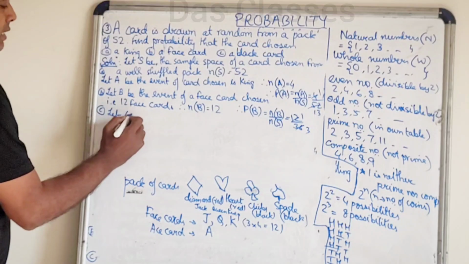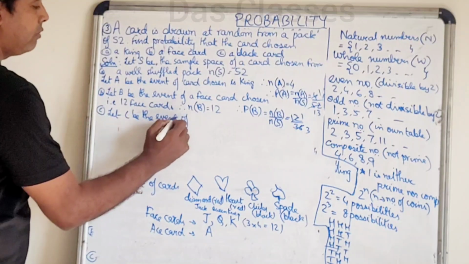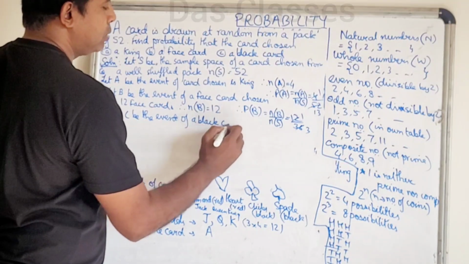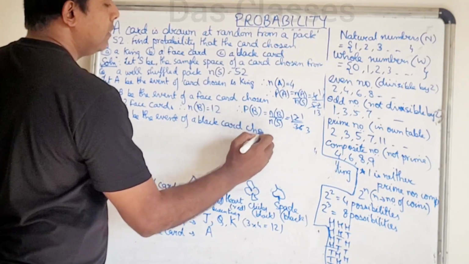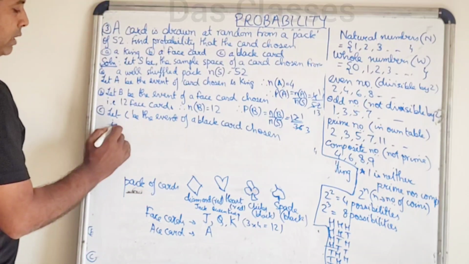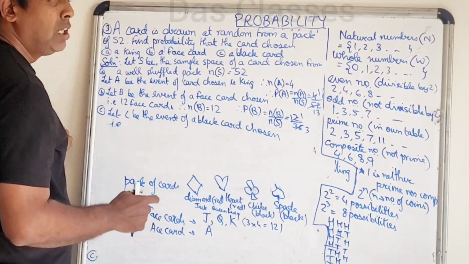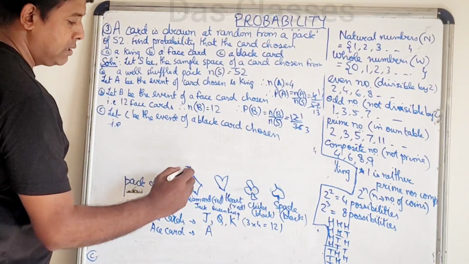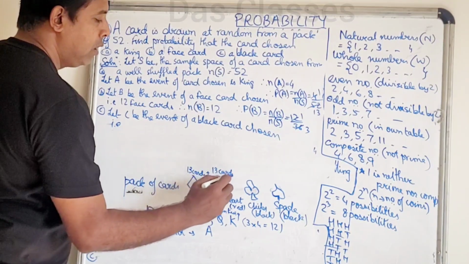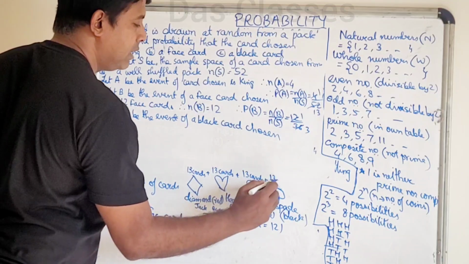Third one, let C be the event of a black card chosen. Black card. So C, that is black card. Clubs is black and spade is black. So in each of them there are 13 cards. 13 cards plus 13 cards. I'm sure you people have seen a pack of cards, 13 cards.